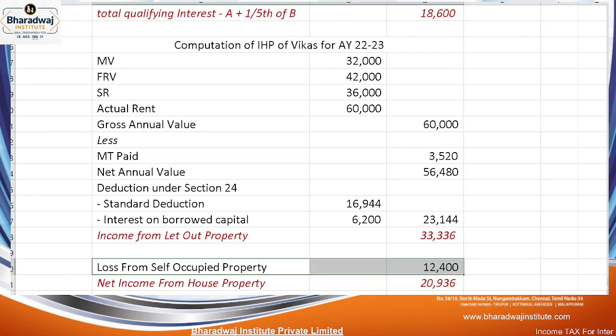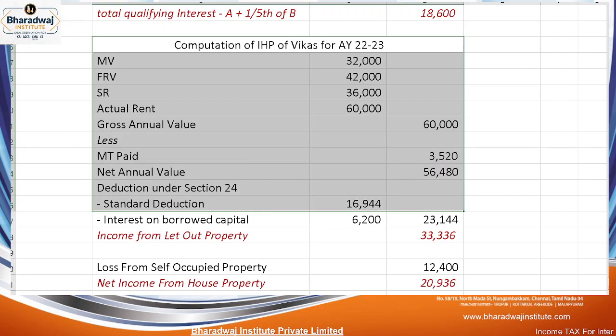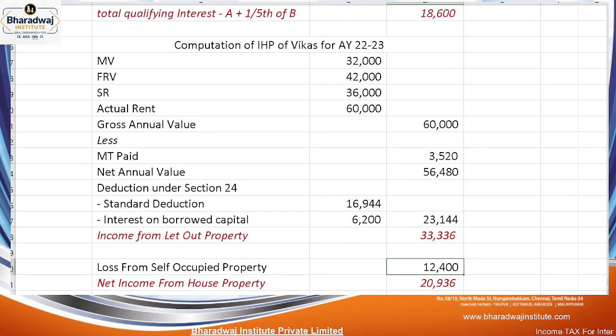Whatever interest we claim is the loss from the self-occupied portion. So net income from the let out portion is 33,336, minus loss from the self-occupied portion 12,400. You get net income from house property.